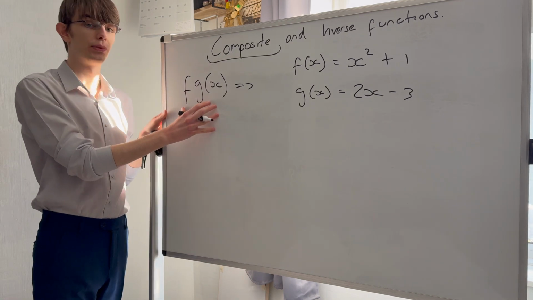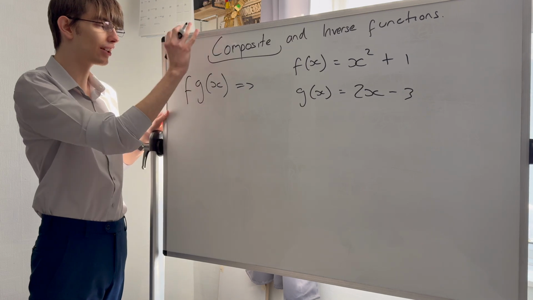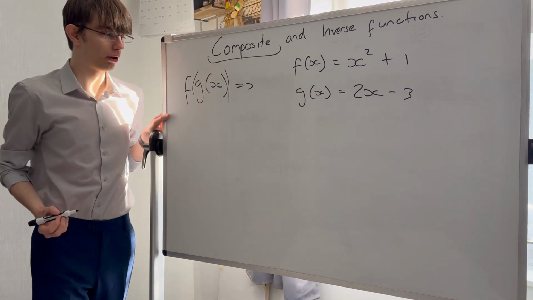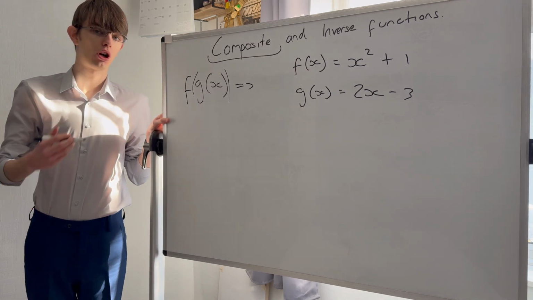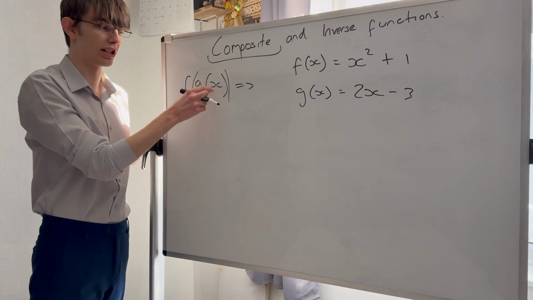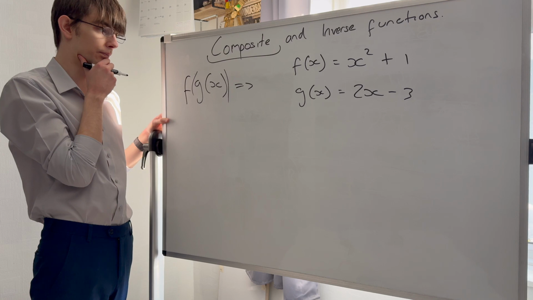When I'm looking at my composite function, my f function is acting on my g, meaning if I put an extra set of brackets around that, I can think of it as my g of x is my input, my domain. It is my input of the f function.